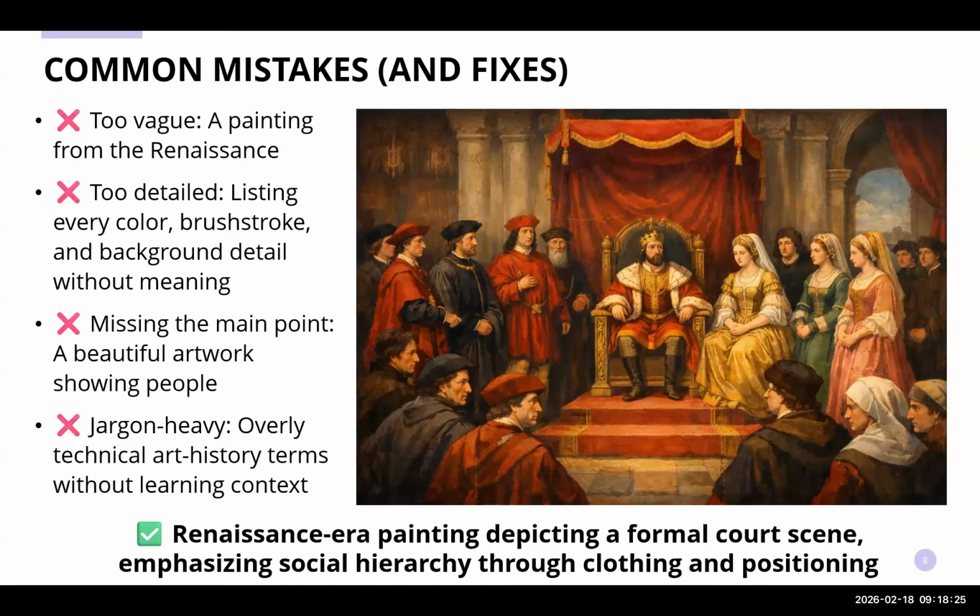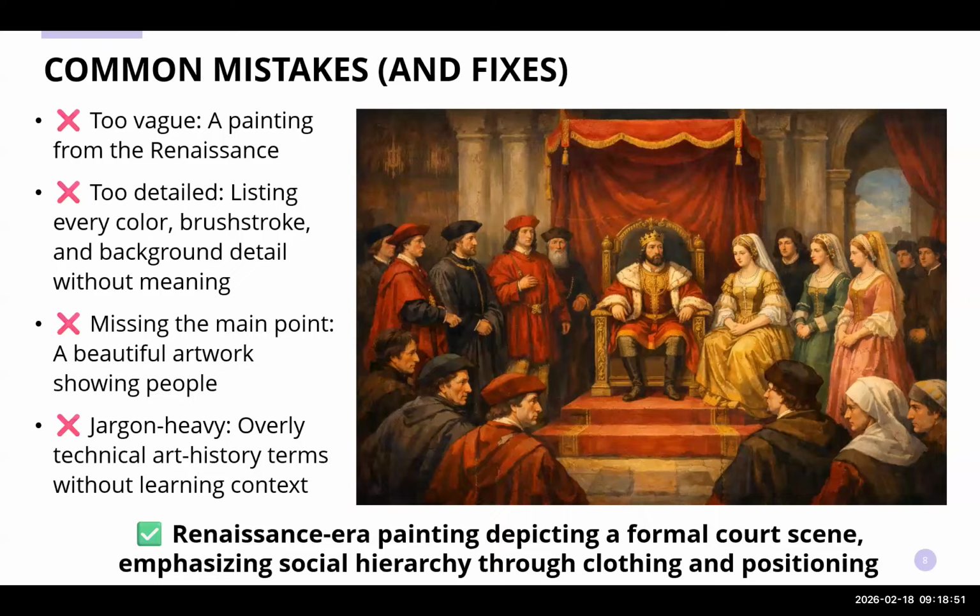For example, saying something like a painting from the Renaissance. Now, technically, that is not wrong, but does it really help a student who's using a screen reader understand any meaning out of that? Not really, right? So they know the time period, but they do not know what is happening in the image, who is in the scene, or why you are even showing this image.